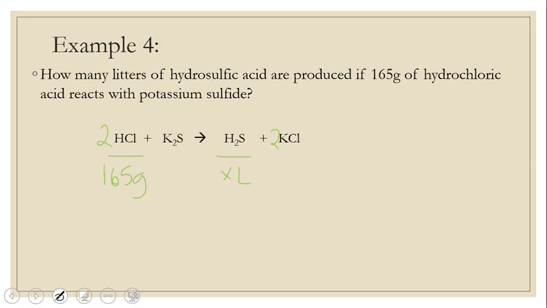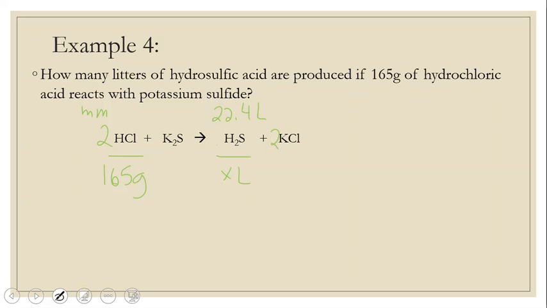Now, for hydrochloric acid, my data is in grams, so I need molar mass. For hydrosulfuric acid, they ask me for liters. The constant of liter is 22.4 liters per mole. There's only 1 mole because I don't have any number as coefficient.